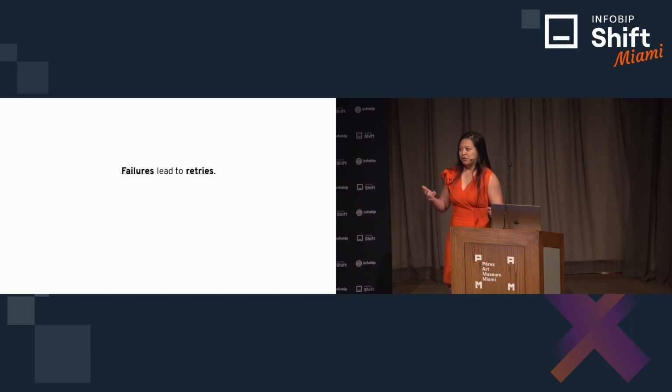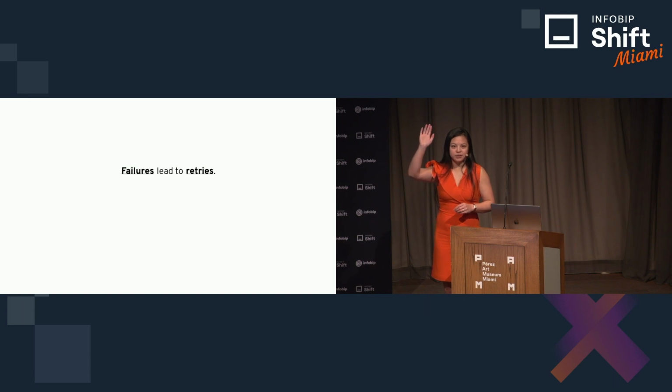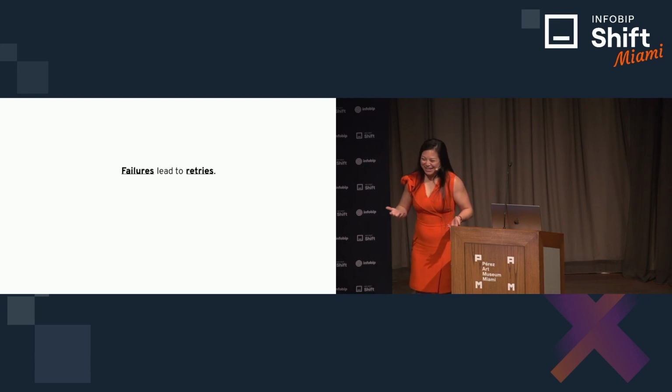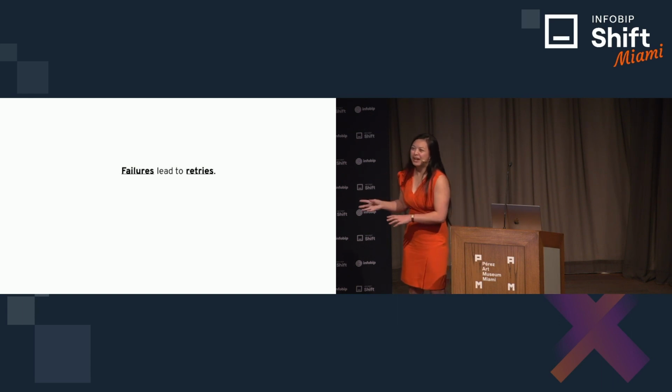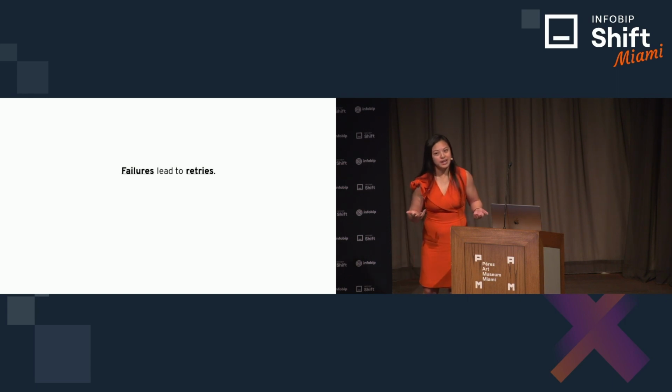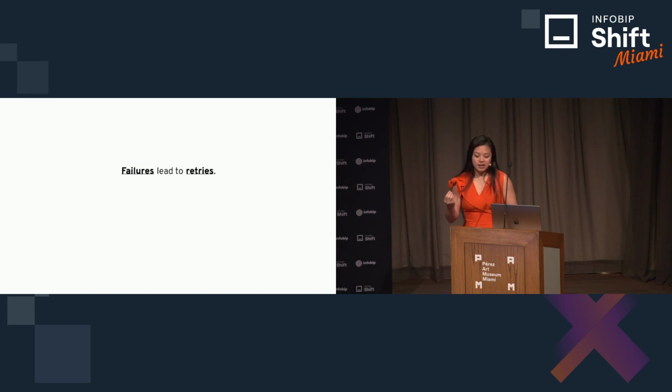Who here has solved a problem by trying something again, resending something, turning it on and off again, mashing the F5 button? And sometimes it works, right? Sometimes the weirdest edge cases, the most random problems, will just be solved by retrying it.